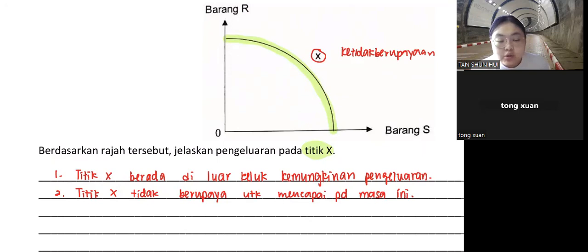Alright? Now, why is not achievable? You don't want to write this, you can also replace with tidak dapat dicapai. Why is not achievable? Outside means not achievable. Why not achievable? Because not enough resources, right?